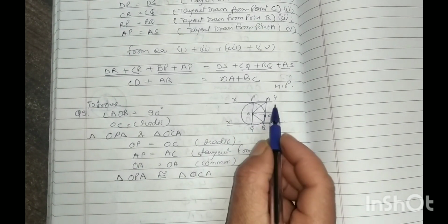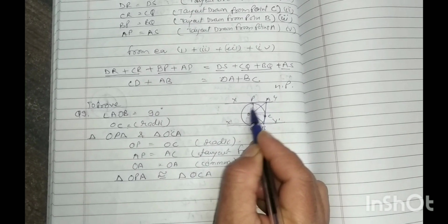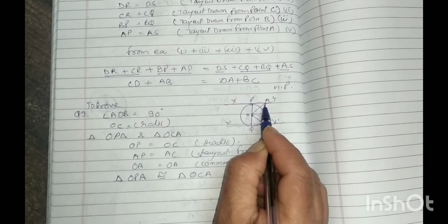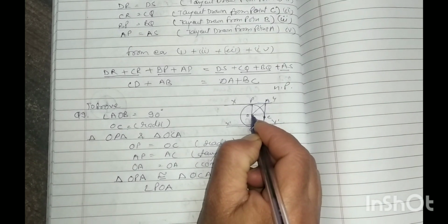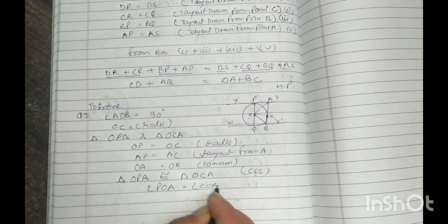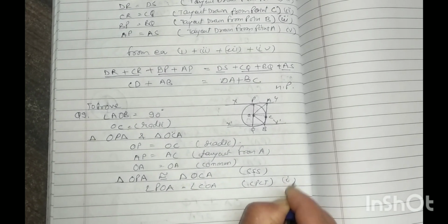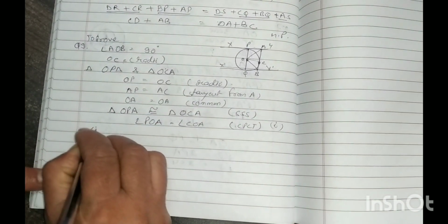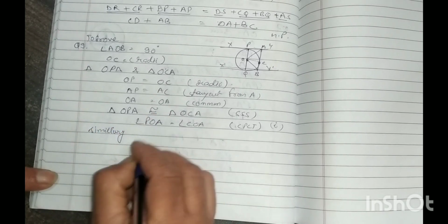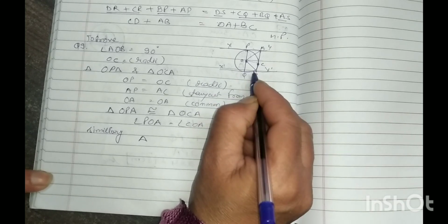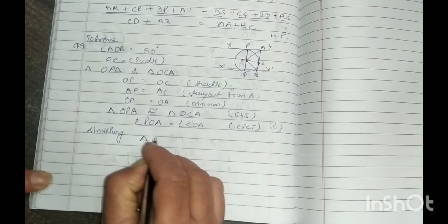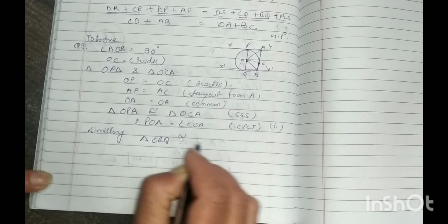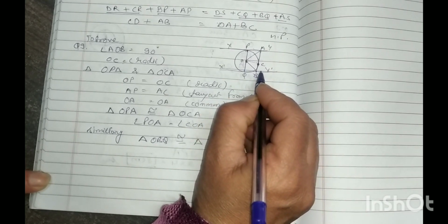So angle POA equals angle COA by CPCT. Equation 1. Similarly, triangle OBQ is congruent to triangle OBC.